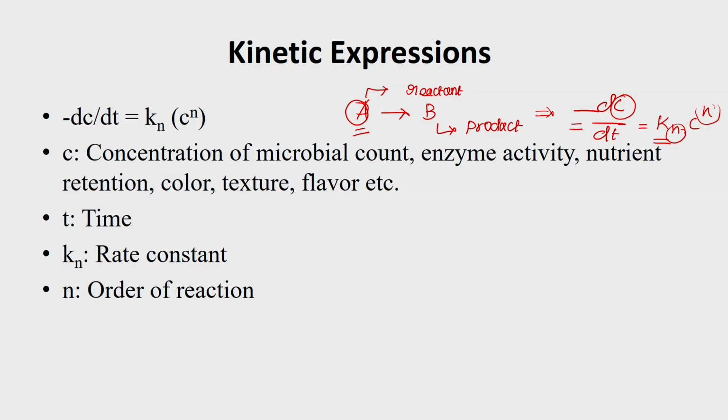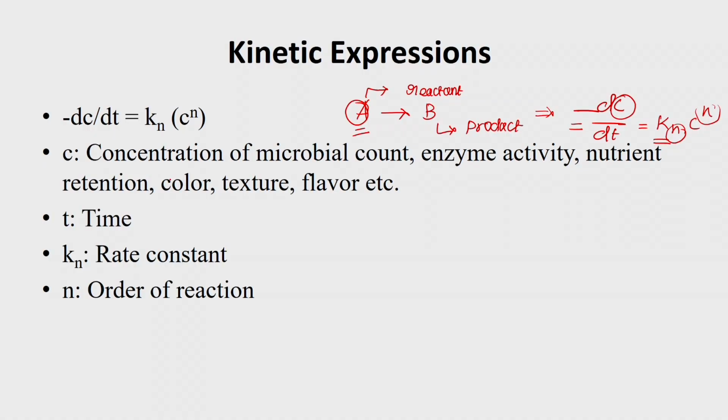In thermal processing, one of the main processes is sterilization, which is nothing but killing of microorganisms using temperature, right. So this C talks about the concentration of microbial count. For example, initially I have a particular microbial count, and over time at a particular temperature, how the microbial count is getting reduced.